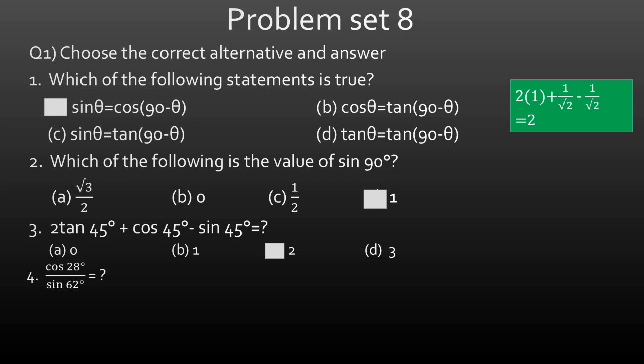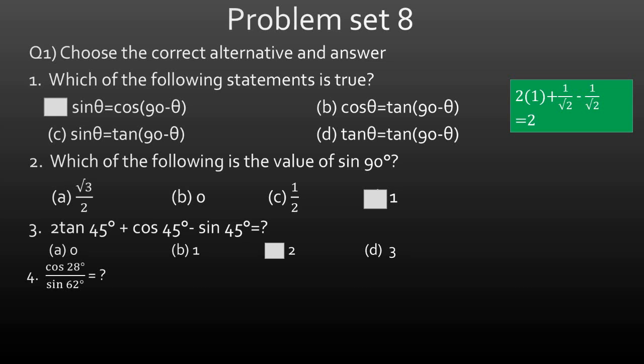Fourth question, cos 28 degree upon sin 62 degree is equal to question mark. Now this is a type of sum which we have seen in the previous slide. When we add 28 and 62, we get 90, which means they are complementary angles.